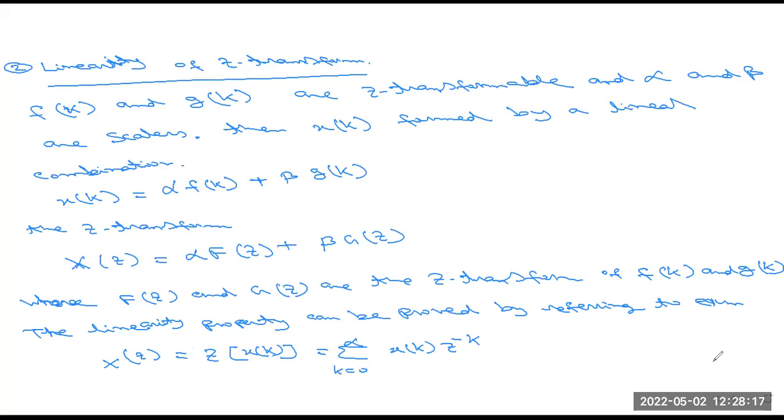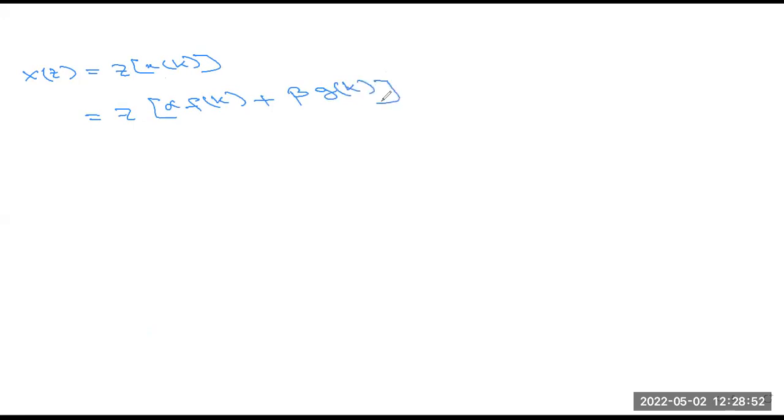Okay, so we go to the next slide. In the previous equation, this is X of z, equal to the Z transform of the function x of k. So we write the Z transform of alpha f of k plus beta g of k.